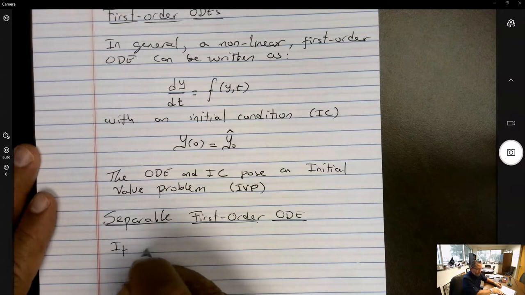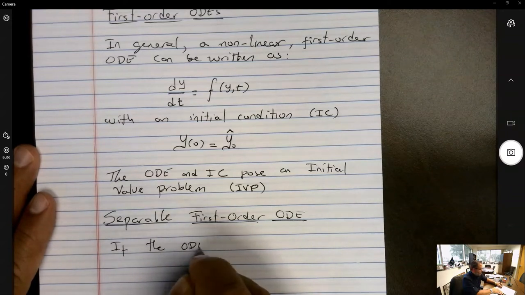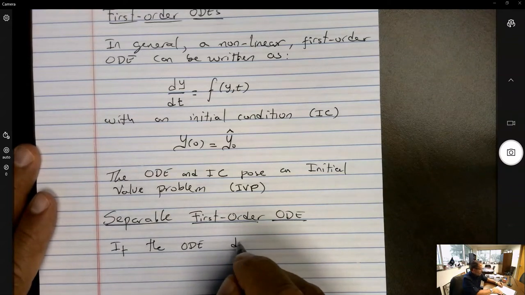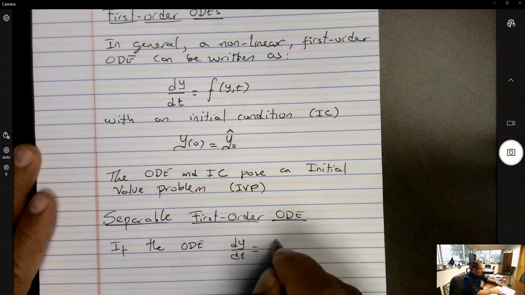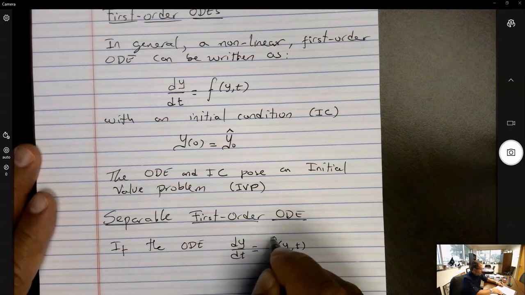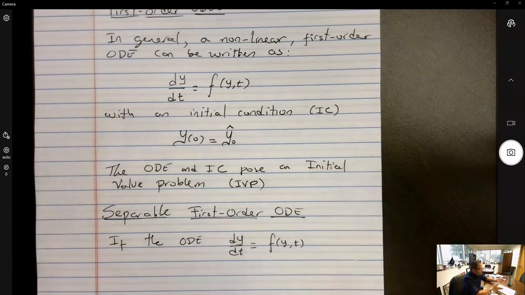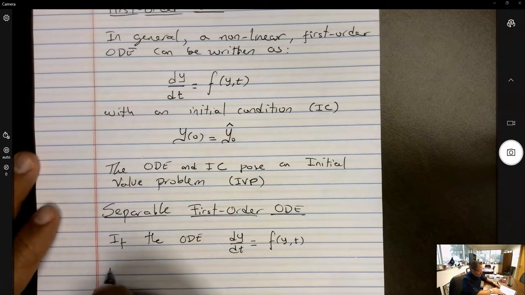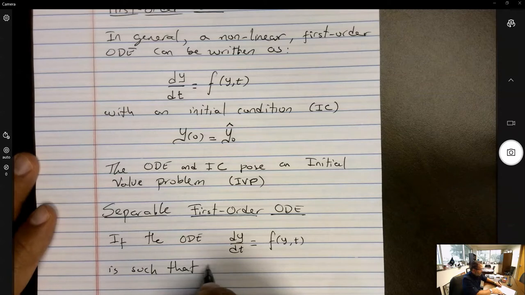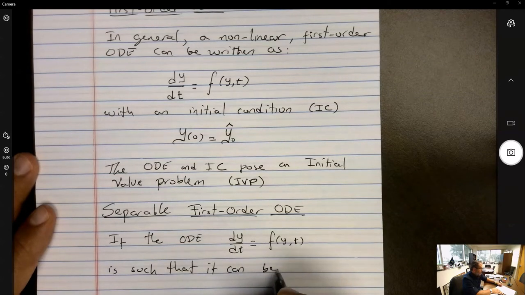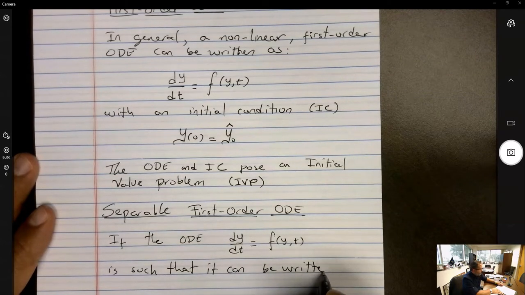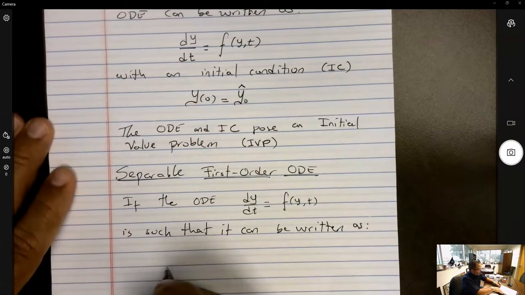So if the ODE dy dt is equal to f of y and t, and by the way, f is given, so technically I should write a little hat on top of f, because f is just a function of y and t that defines the differential equation, is such that somehow it can be written as follows.